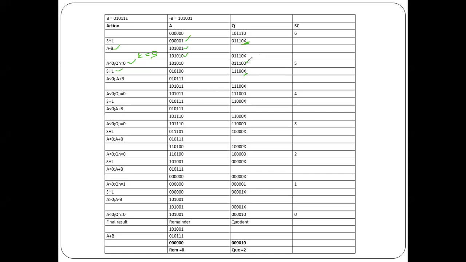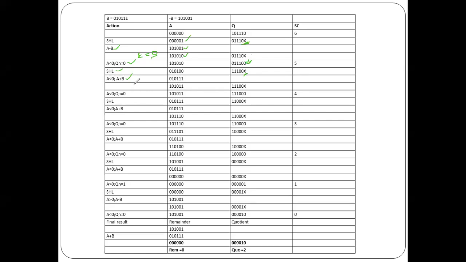Since the previous Qn is 0, it means this subtraction should not happen. But we have shifted left, so we are adding B, the non-restoring method.